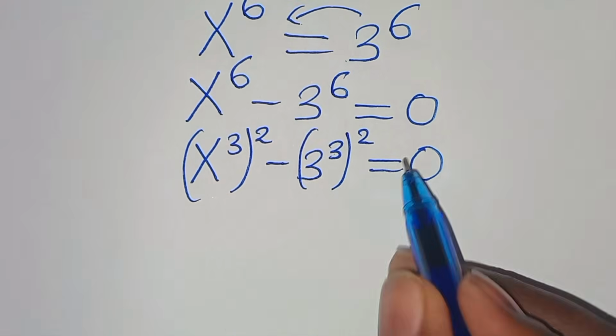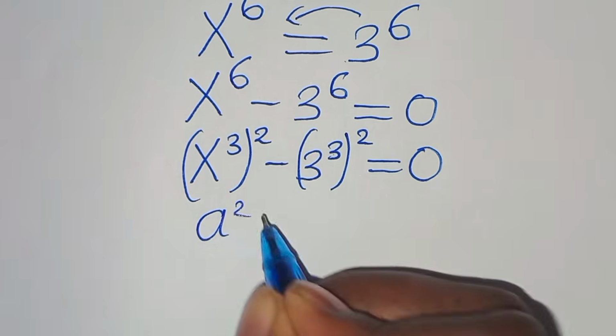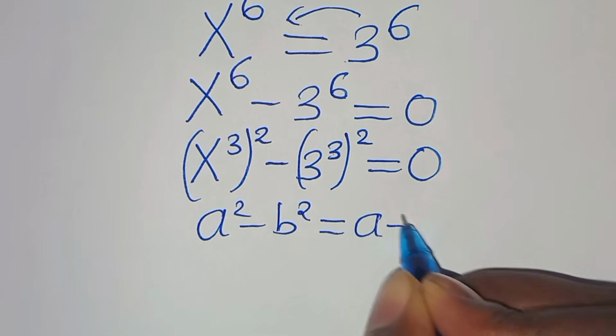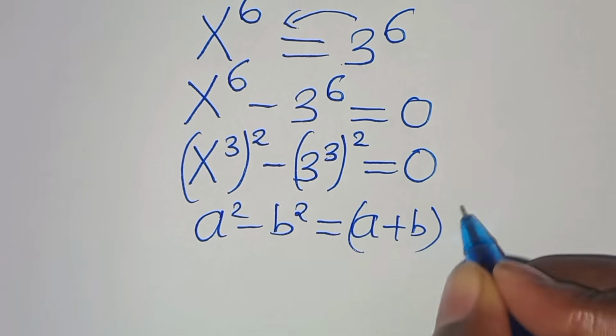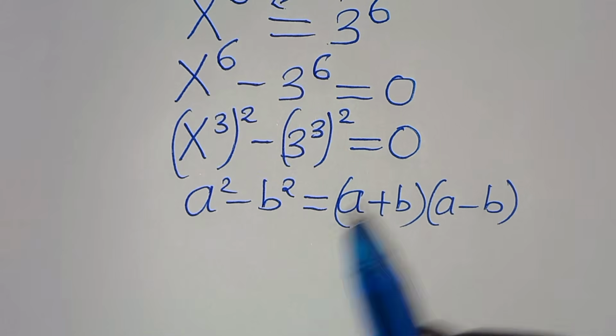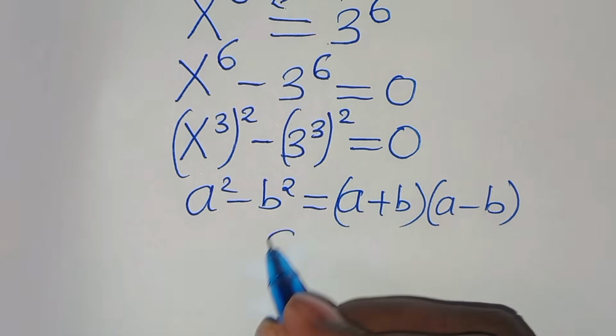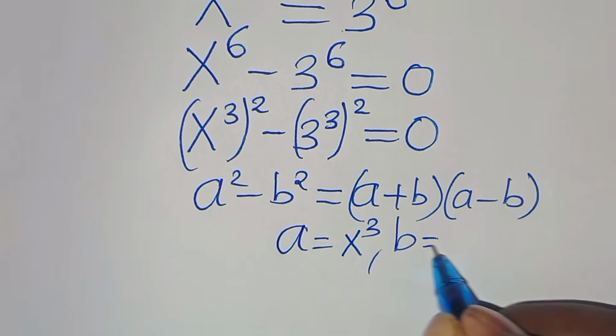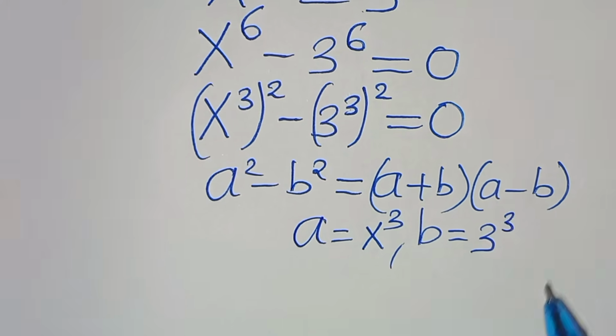This equation is in the form of a squared minus b squared, which we can express as a plus b multiplied by a minus b. From this equation, we have that a is equal to x to the power of 3, b is equal to 3 to the power of 3.